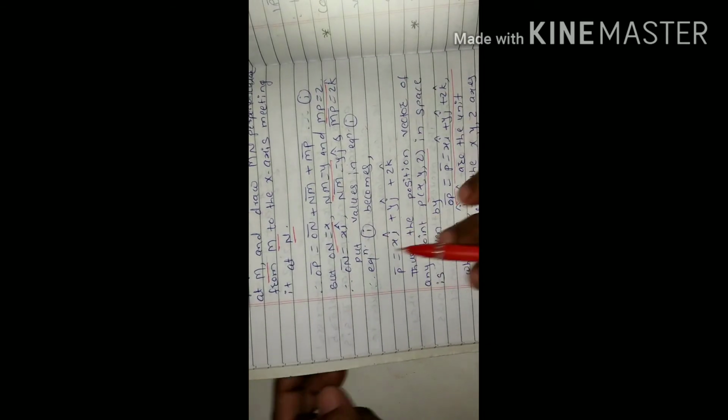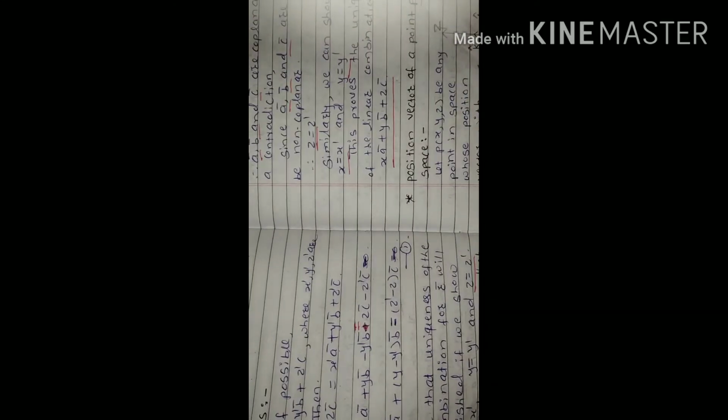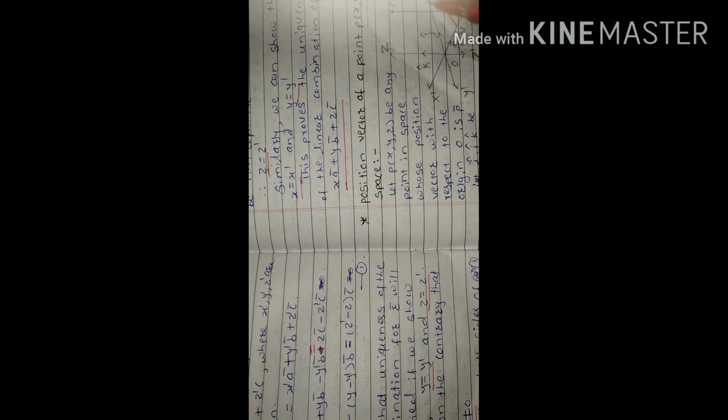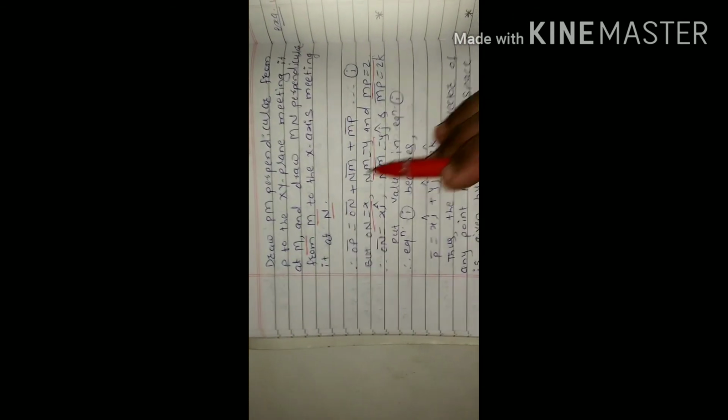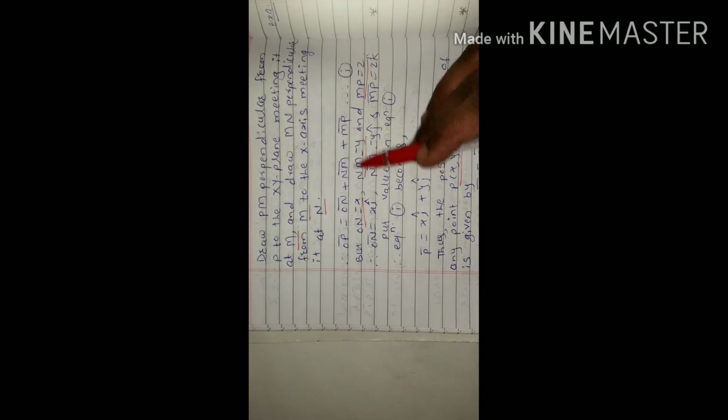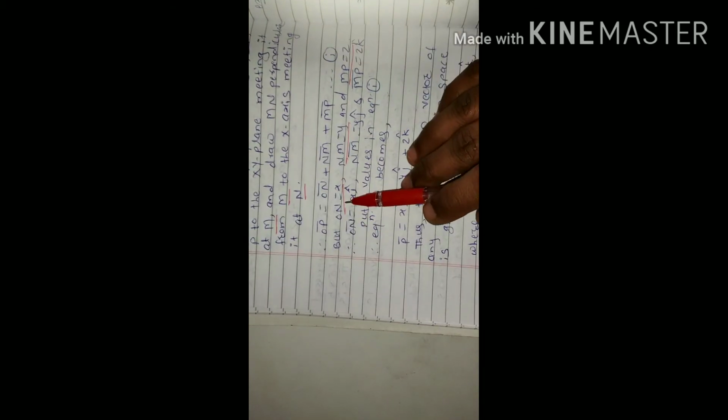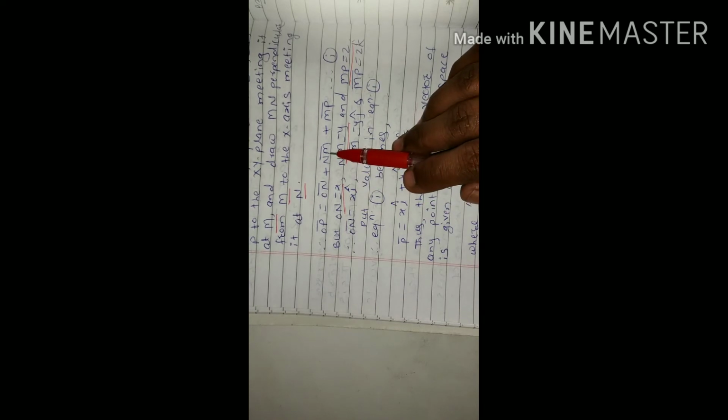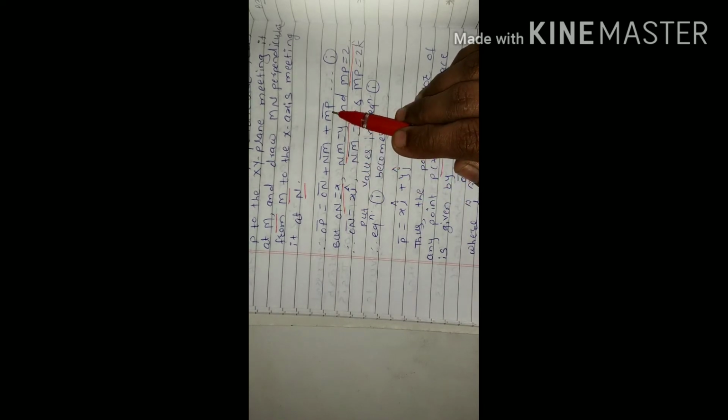Then the distance from O to P, that is OP bar, is equal to ON bar plus NM bar plus MP bar. We will call this equation number first. But ON is equal to x, NM is equal to y and MP is equal to z. We know that.